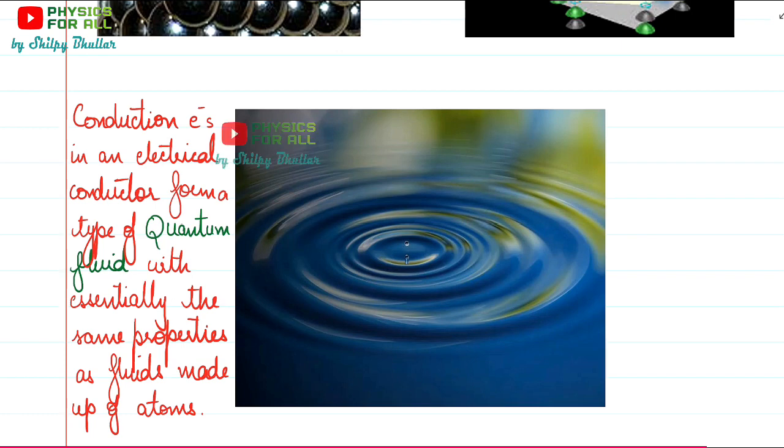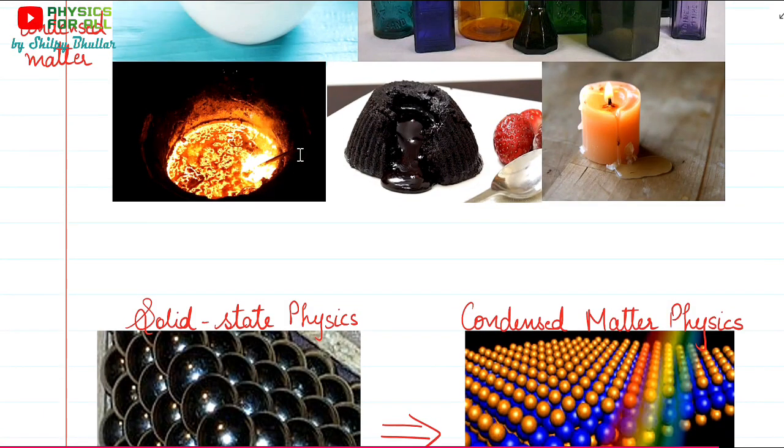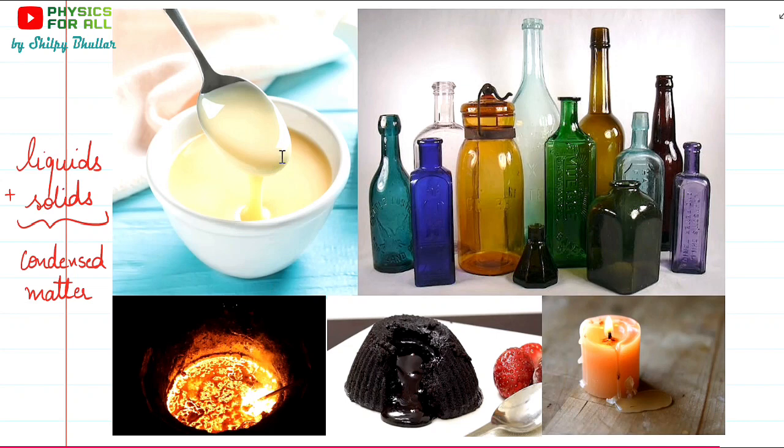Alright, so this is all just the introduction, that how this condensed matter physics is applied everywhere now. We have amorphous solids, we have non-crystalline solids, glasses, we have liquids, then polymers, then we have crystalline solids.